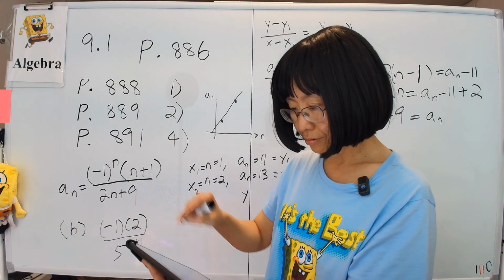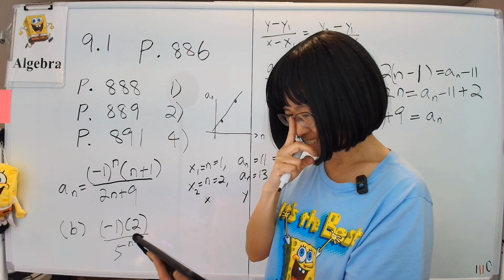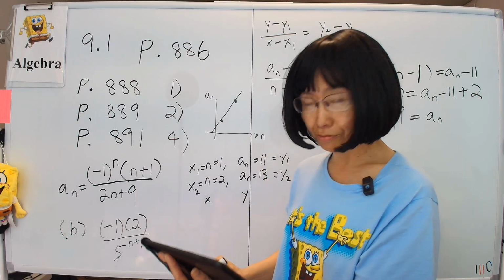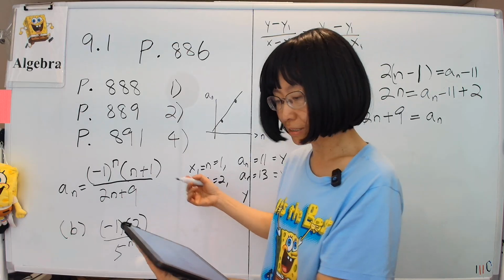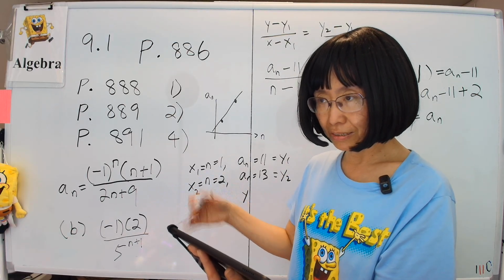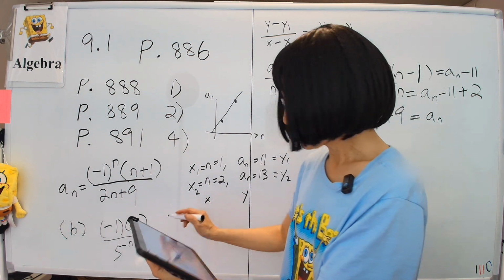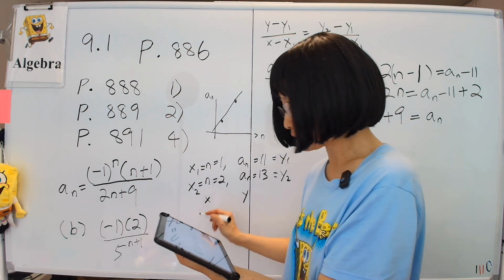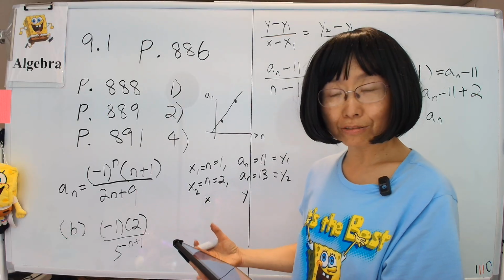All right, continuing, let's look at C. C is not that different. We have a bunch of e's there. E is a set number, 2.718, I want to say, but we don't care what it is right now because we just need to write down the rule here. The first number is e to the power 4, the second number is e to the power 5.